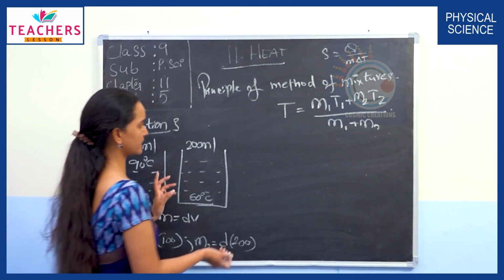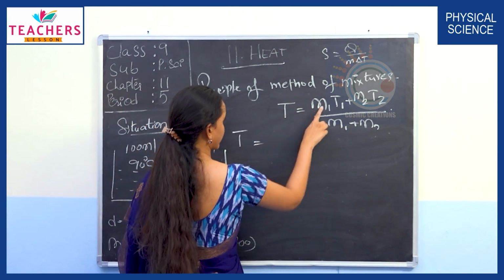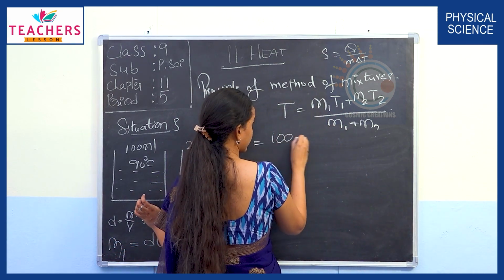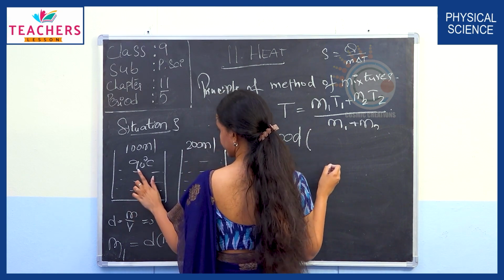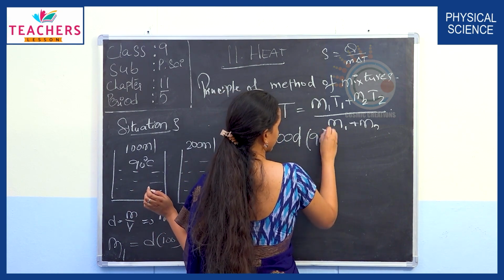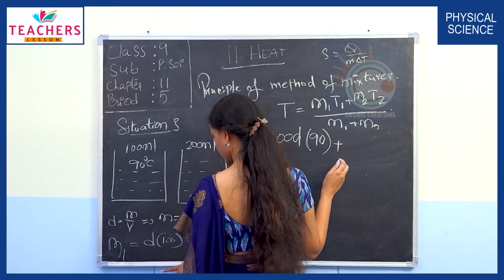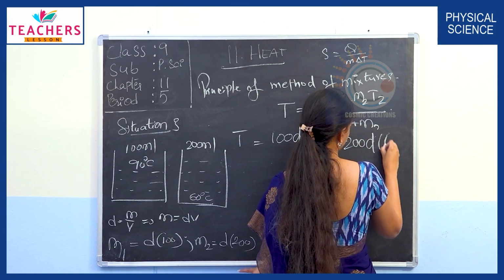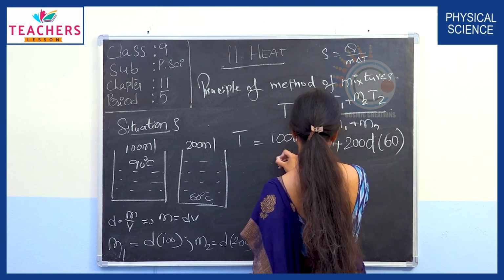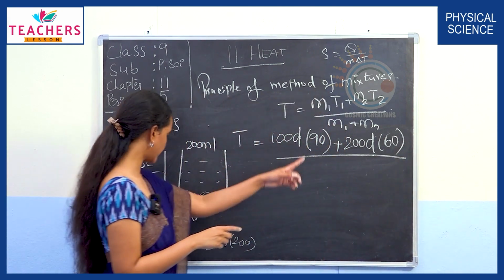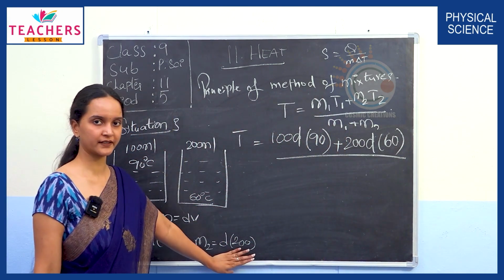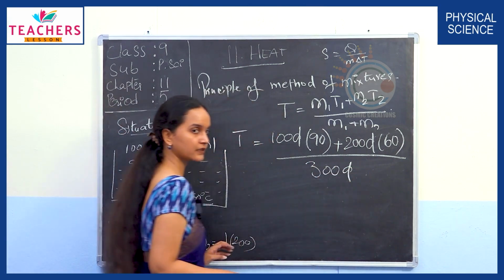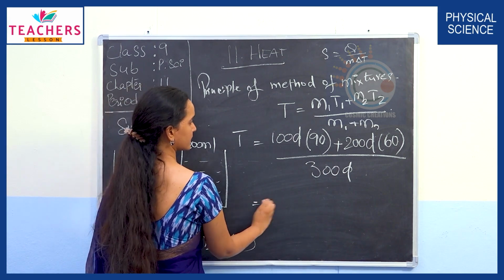Now let us apply this in the formula. M1 into T1: M1 is 100 D, temperature is 90 degrees, plus M2, 200 D, temperature 60, divided by M1 plus M2, 100 D plus 200 D, which is 300 D. Let's solve this.